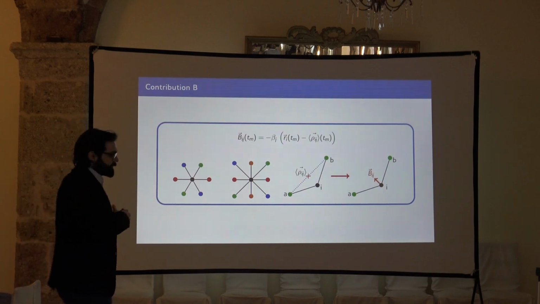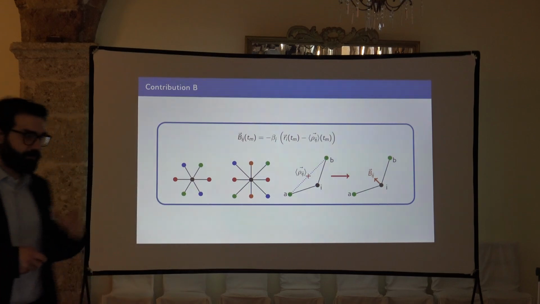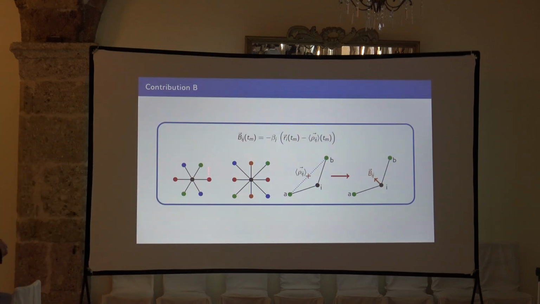Instead, beta is linked with the couples in the neighborhood. Let's say this is the neighborhood of the black point. We can recognize three different opposite couples in this neighborhood: the green, the red, and the blue, for a hexagonal lattice.